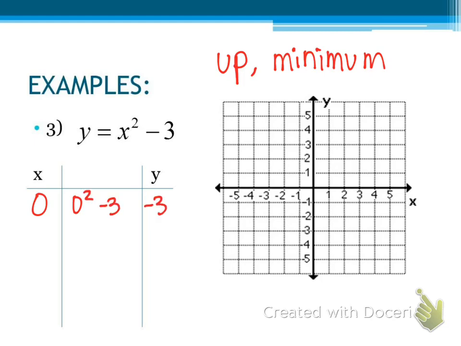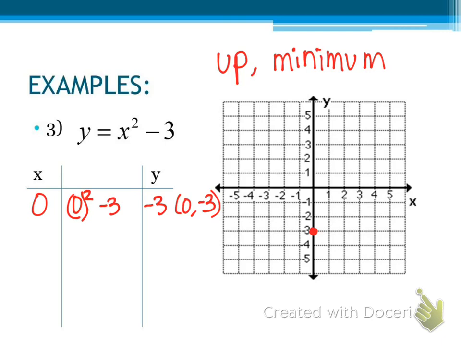Good, -3. I like that. So where do we graph 0, -3? Down 3. So we start at the origin, go down 3. There it is.